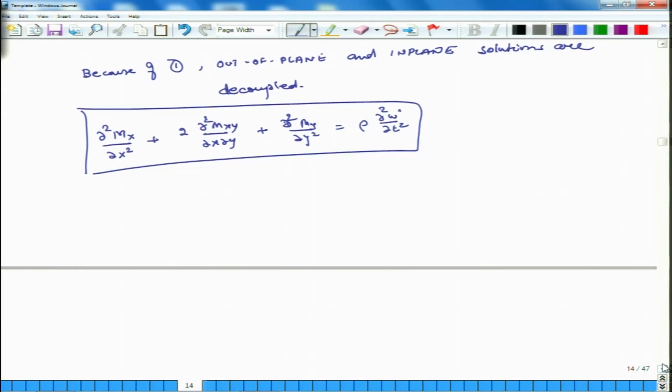Our aim is to find w, so we first convert this entire equation in terms of w.